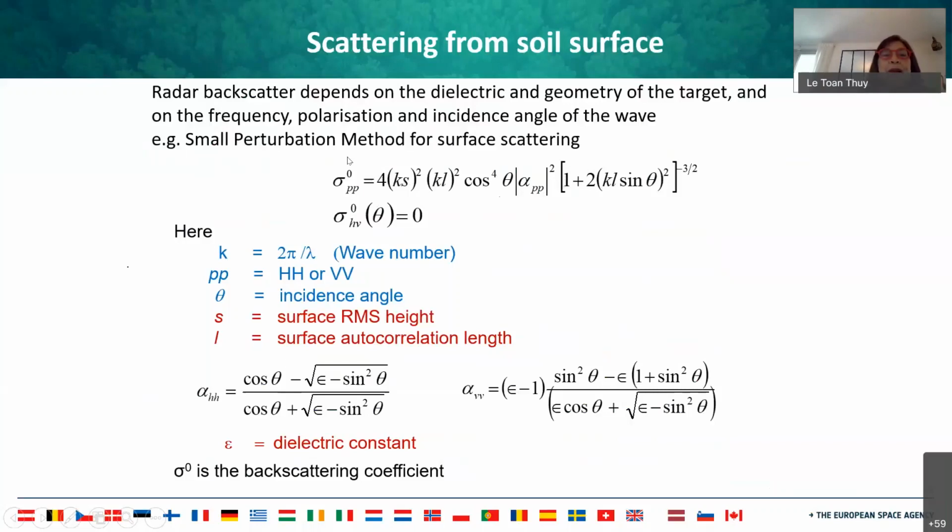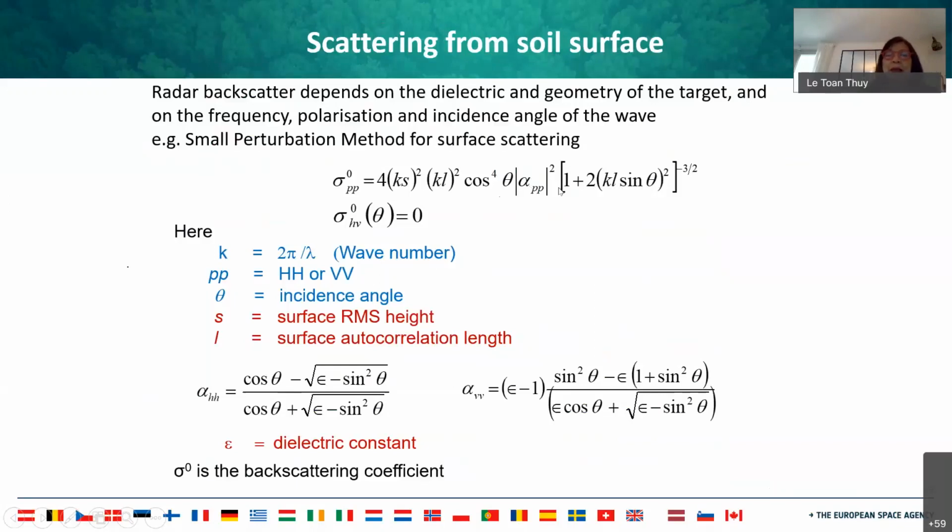Here is the sigma 0 backscatter. PP stands for the polarization, V or H. The formula shows Ks, Kn, cosine of theta, where theta is the incidence angle, the Fresnel coefficient, and a function related to the correlation length of the surface.